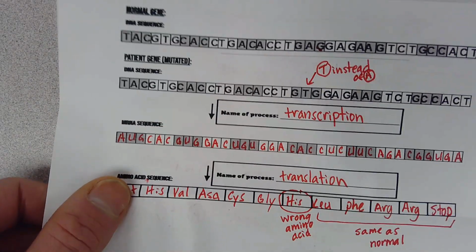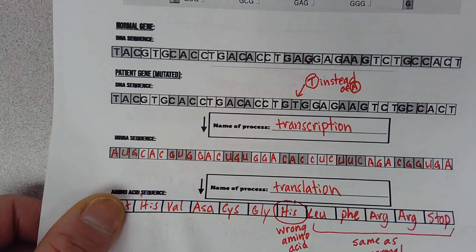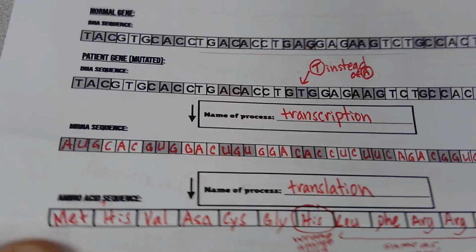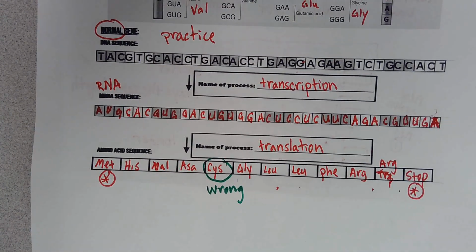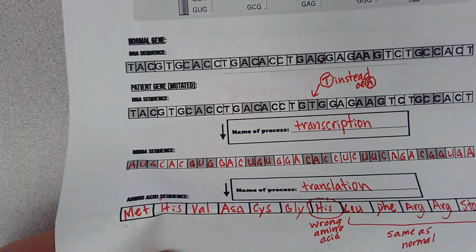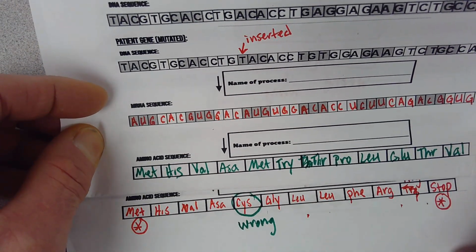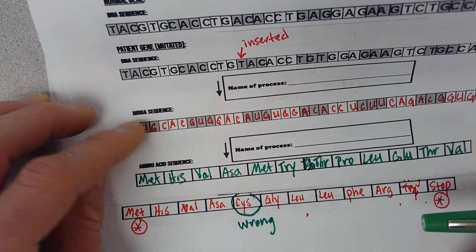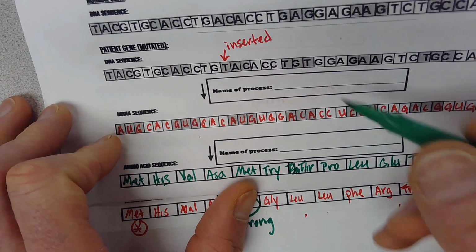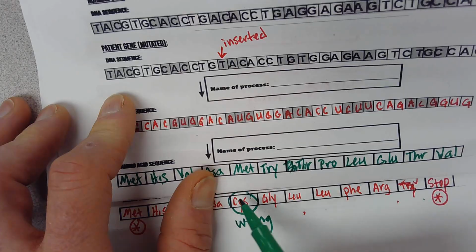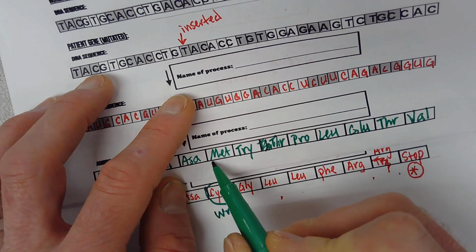Remember, this one was not the normal gene. That was the substitution one. So I have to go back to the one that says normal. Okay? We're looking at this one that's mutated, because I see some confusion looking at some people's. Okay? So then everything else after it is where it shows up as being wrong.